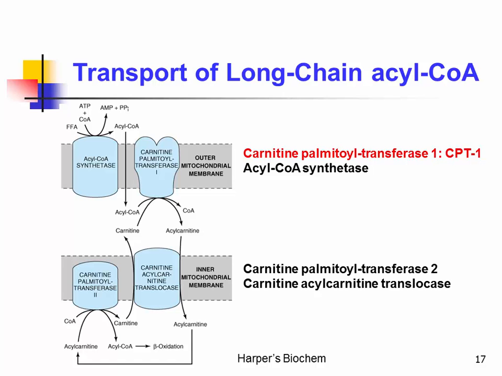Sorry? For the beta oxidation? Yeah. More questions about beta oxidation? Do we have to know all of the steps? No, you don't need the details like which enzyme, just the general process, right? Each cycle removes one acetyl-CoA, 2 carbons.